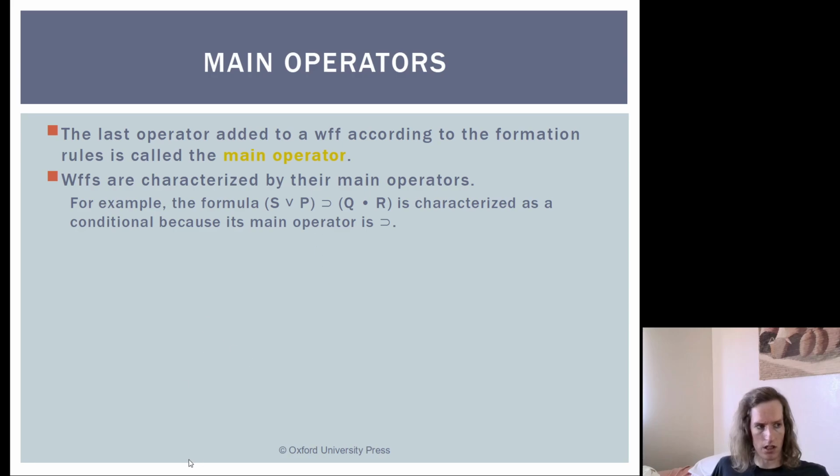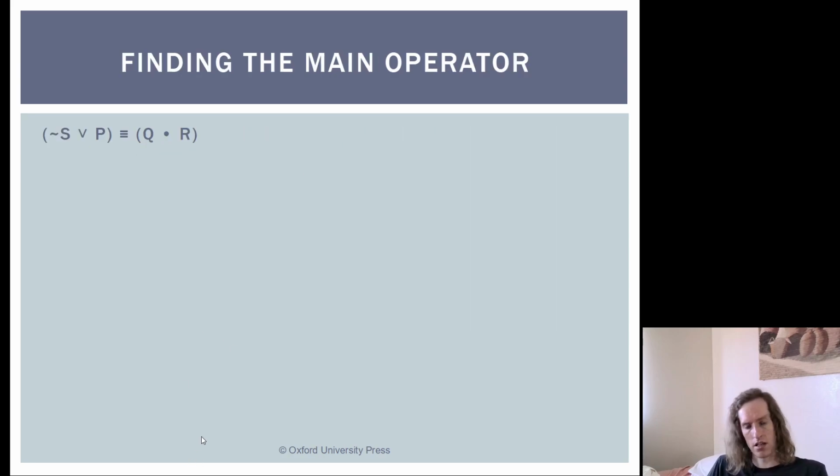All right, so we'll do some practice here. In this case, we have the formula not S or P if and only if Q and R. So again, if we do what I talked about in the first instance, where we connect all of the open parentheticals, you'll see that the biconditional is going to be left out of the parentheticals at the end of it.